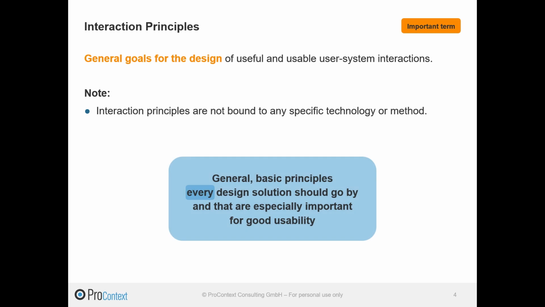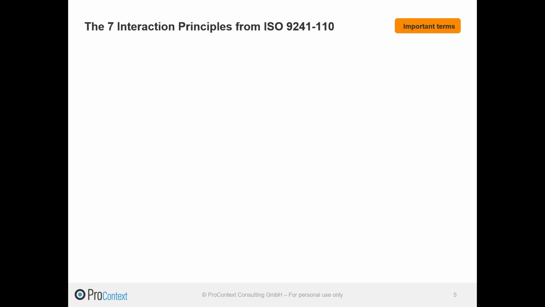So they are general, basic principles every design solution should go by, and that are especially important for good usability. The standard we are following is ISO 9241 Part 110. And we're going to go through these 7 interaction principles now, one by one.